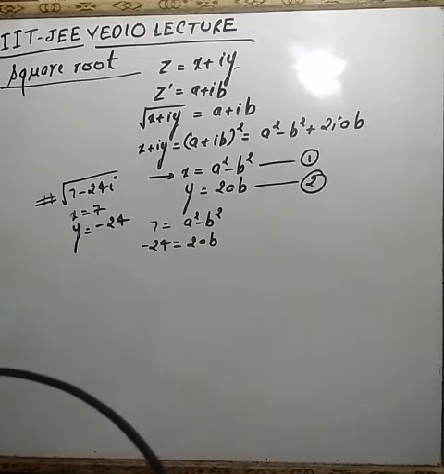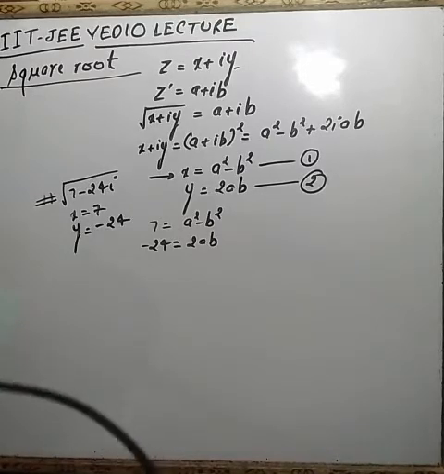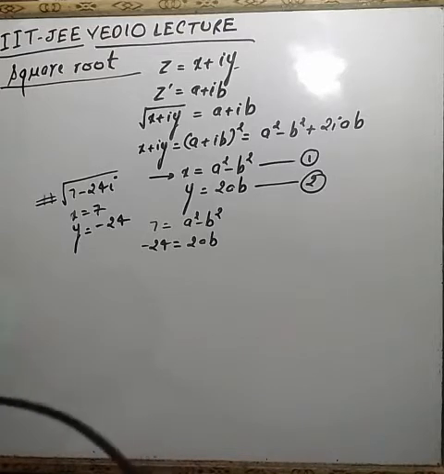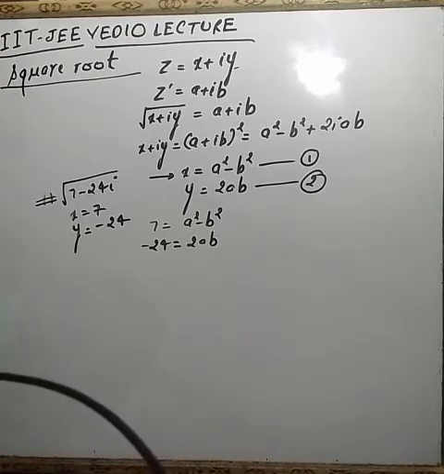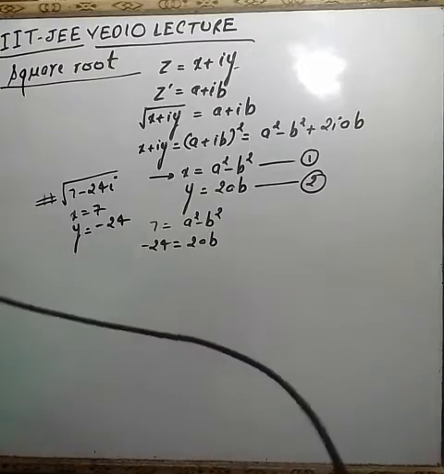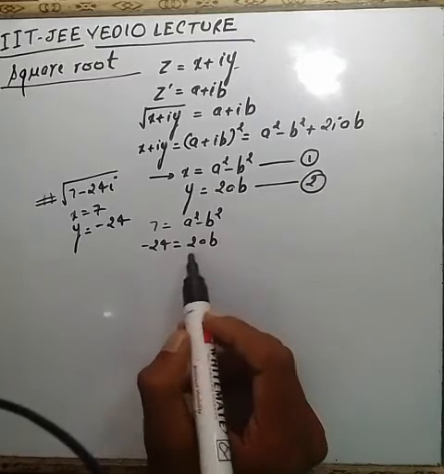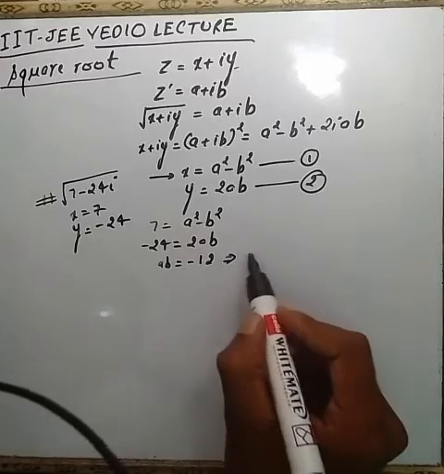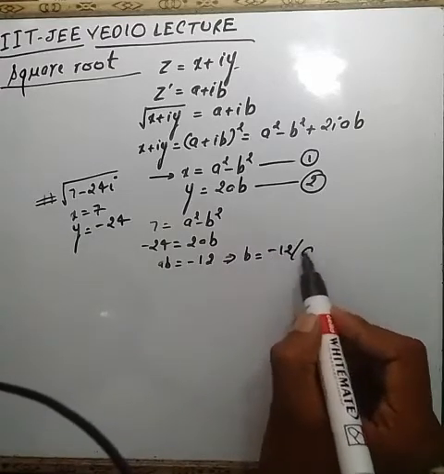Okay, so after that, what will we do? So here we apply ab equals minus 12, b equals minus 12 upon a.